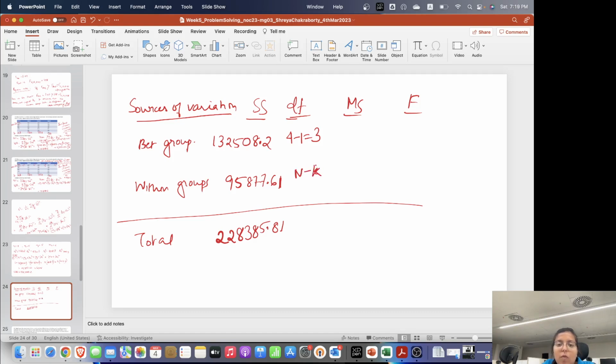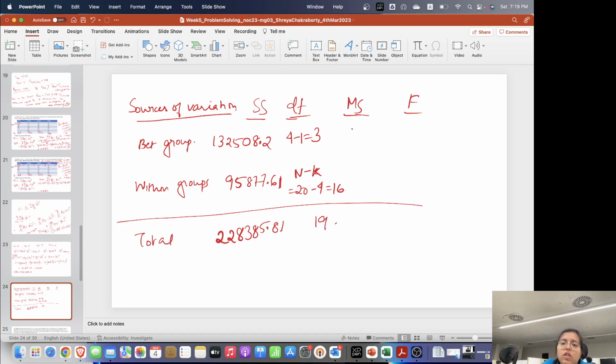N was 20 minus 3. Sorry, k is not 3, k is 4. So it will be 16. And the total degrees of freedom will be capital N minus 1, that is 19, or adding these two up.